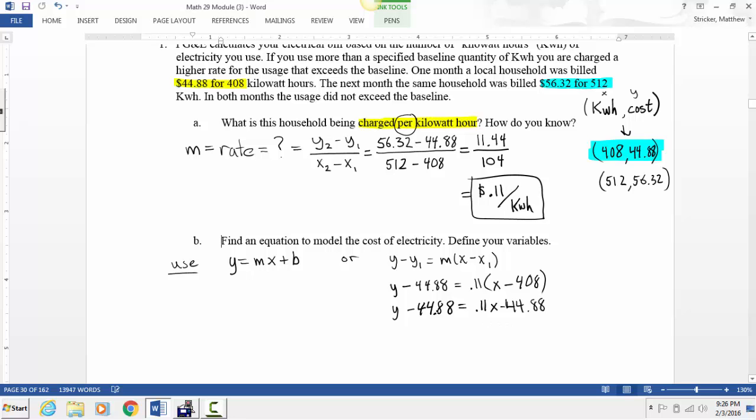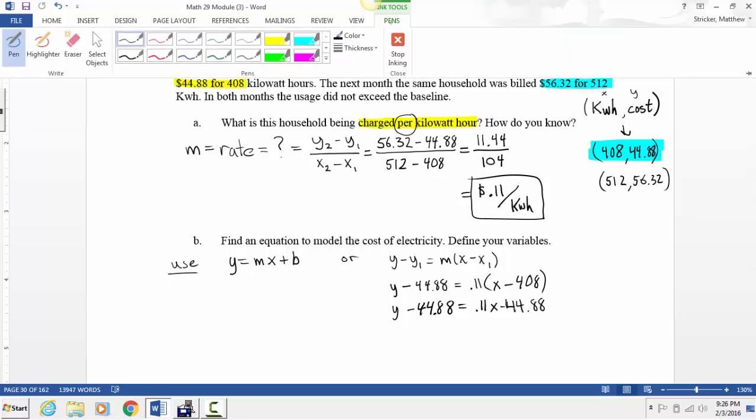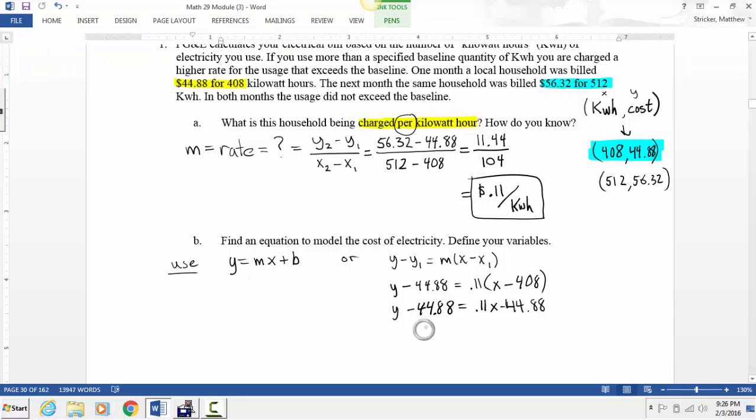What's going to happen there? What happens when we solve for y? If we add that to the other side, we see something happen. Those cancel. So what we're left with is just that y is equal to 0.11x.